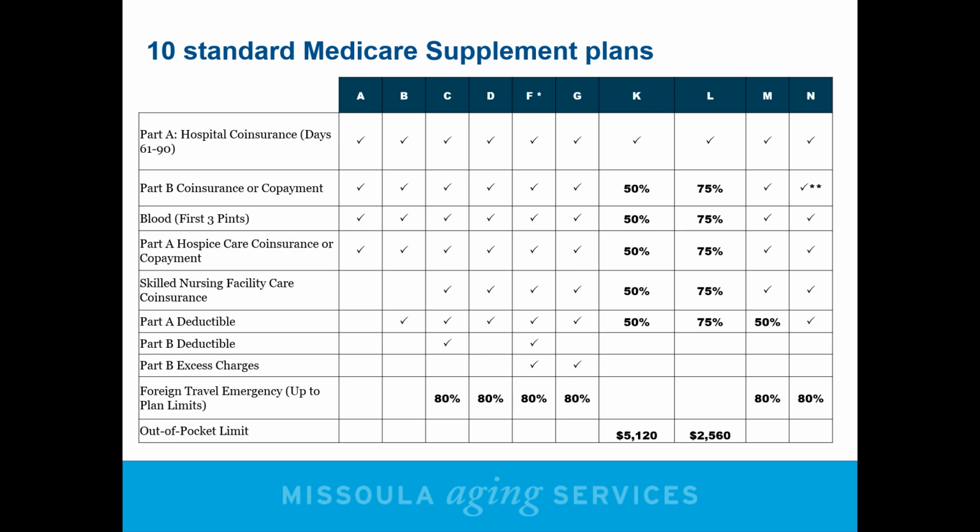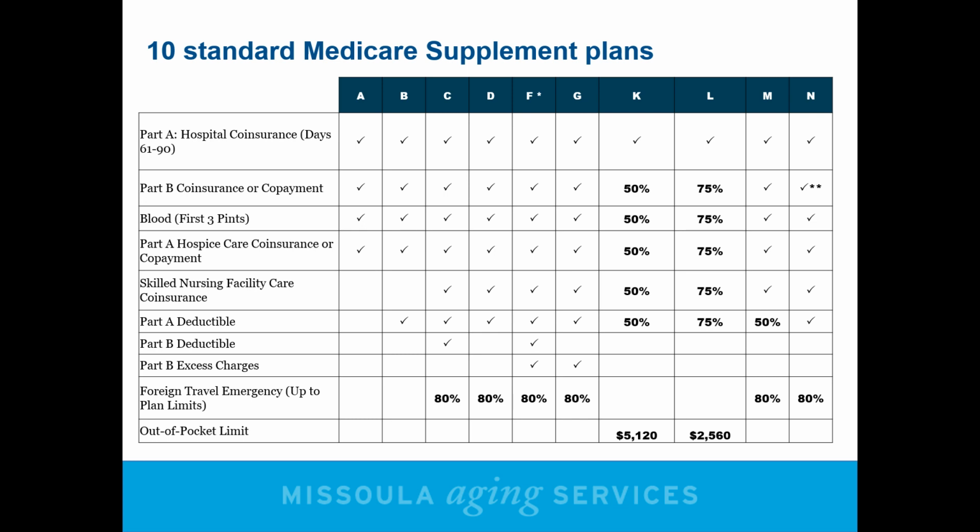Here we're talking about Plan A, Plan B, and I wish these were called like Plan Roman numeral 1 rather than Plan A, because Plan A, as you can see, actually isn't especially good coverage for Medicare Part A, so sometimes people will think there's some kind of connection between Plan A and Part A, or Plan B and Part B. There is not. These are two separate lettering schemes that just happen to both use letters of the alphabet.